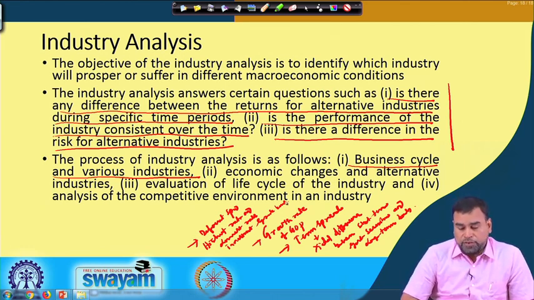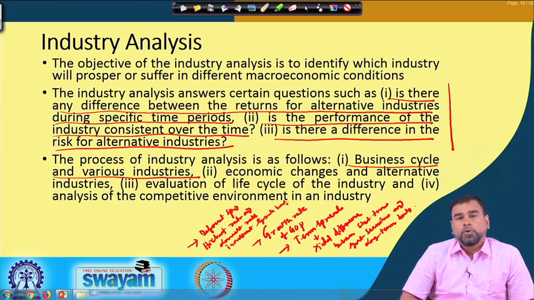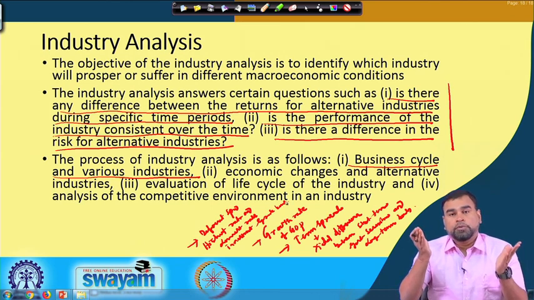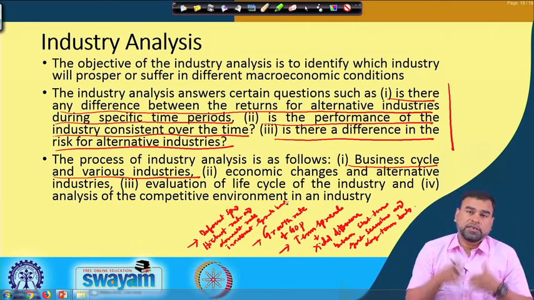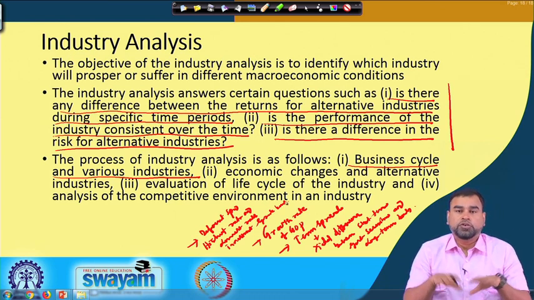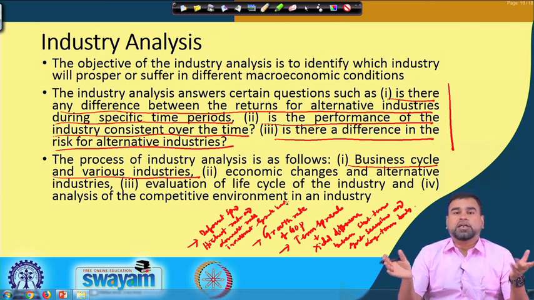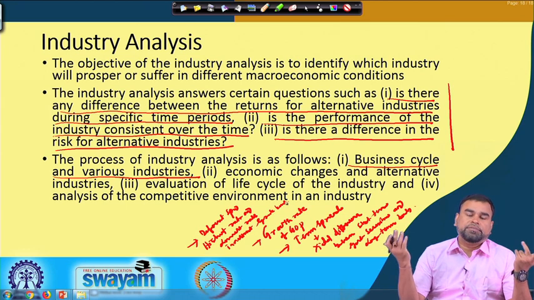But here what we are trying to say is, what kind of industry it is, whether the industry is going with the business cycle. If there is a boom, the prospect of the industry will be increasing. If there is a recession, the industry will go down. There are also some industries that, whichever way the business cycle behaves, are not going to be affected by it.